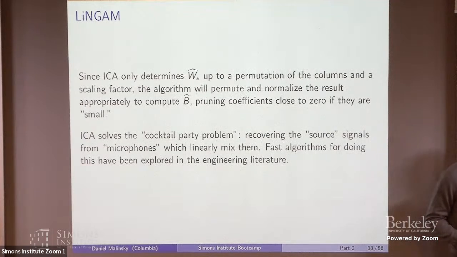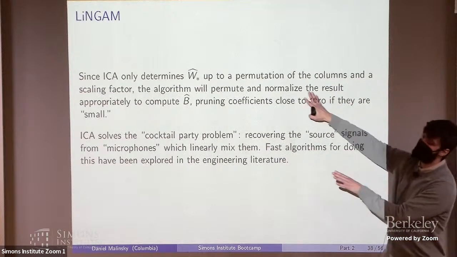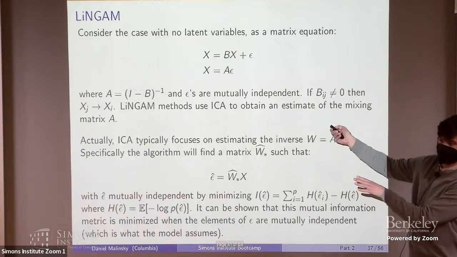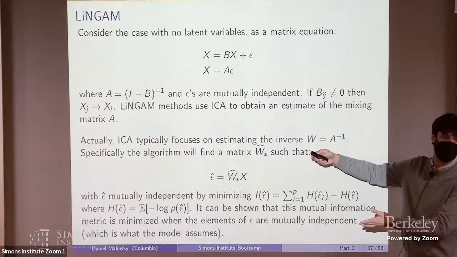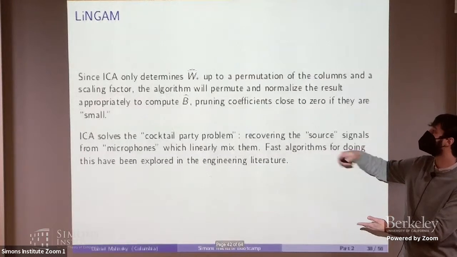But a caveat to all this is that ICA will only estimate that matrix W hat up to a permutation of the columns and a scaling factor. So there are additional steps to go from what you just estimated to B, which is the thing of interest, to decide what your parent relationships are in the DAG.